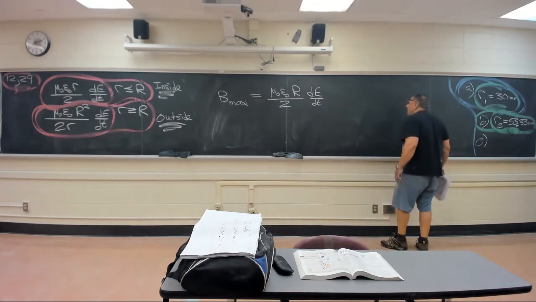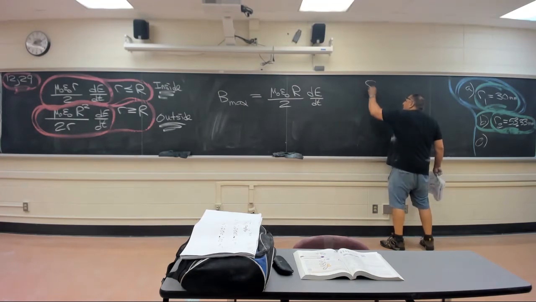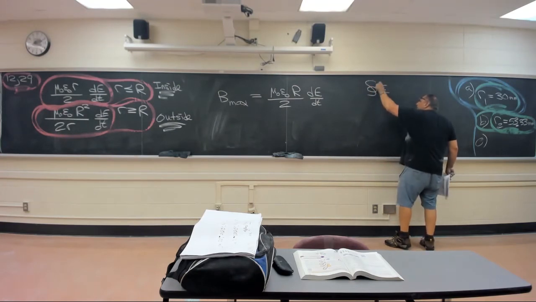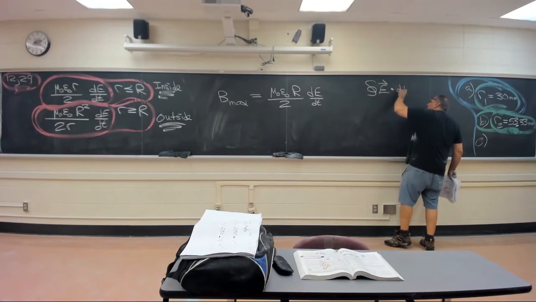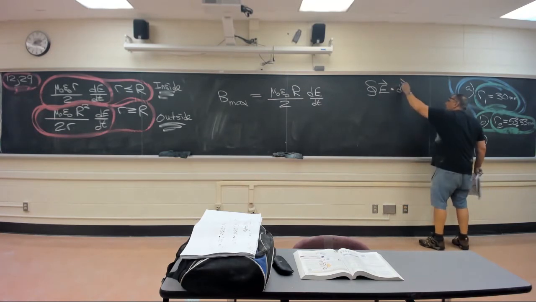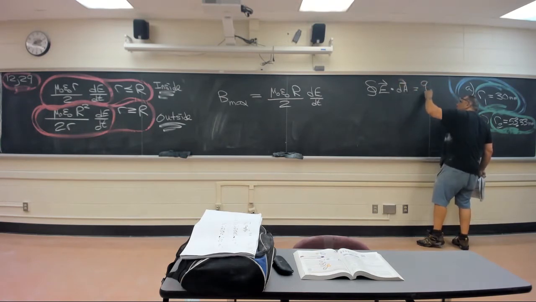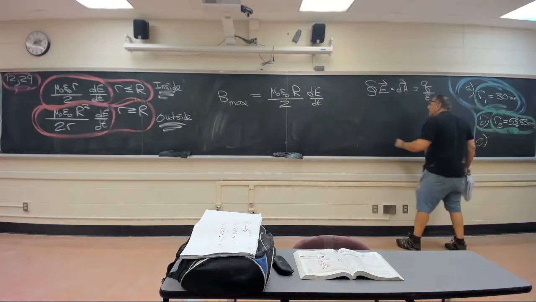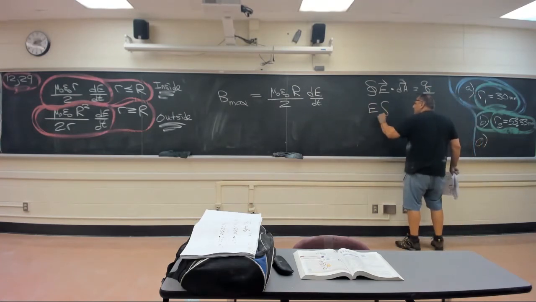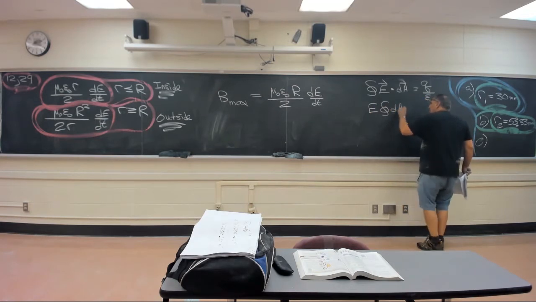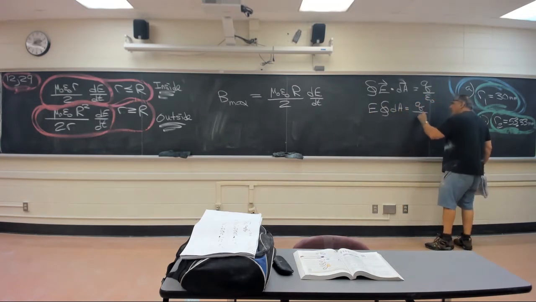You guys remember, there's an interesting thing that goes on here. Didn't we say something to the effect of, maybe a good gut feeling for some of the stuff that's going on, EA equals Q over epsilon naught. It's a constant E field.